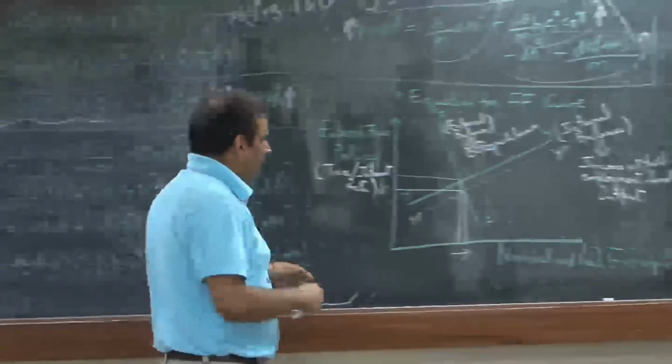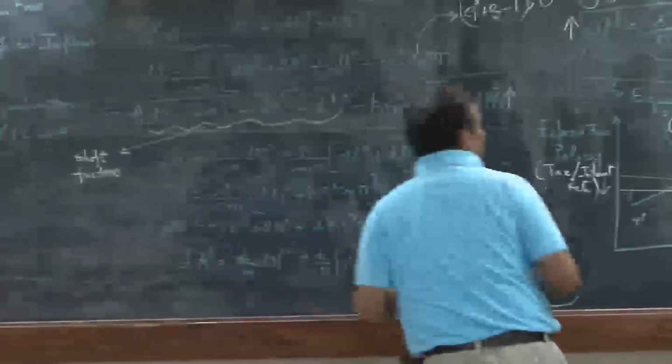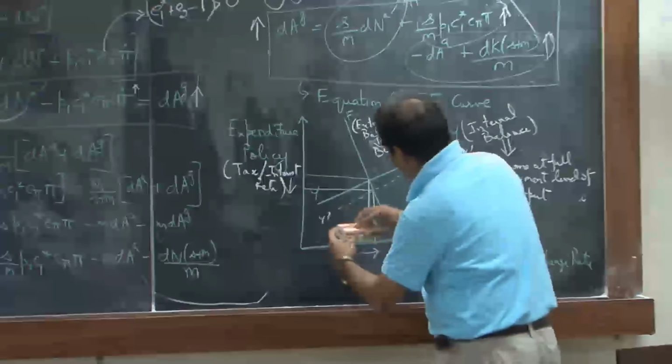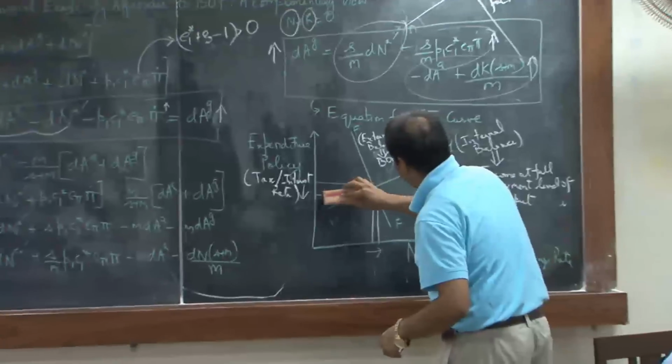Now all this that I have told can be seen by the shift of the YY curve. So I am drawing the shift of the FF curve.